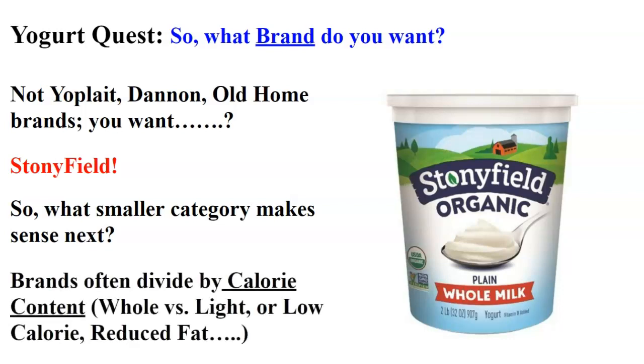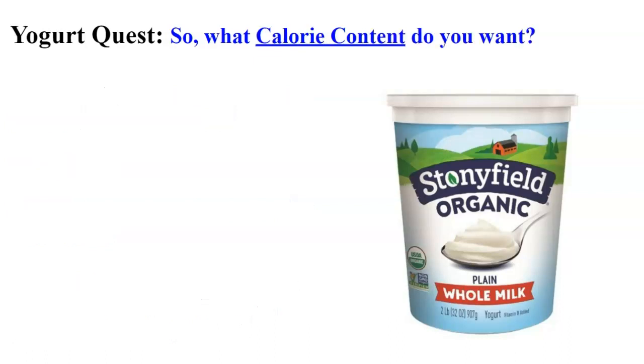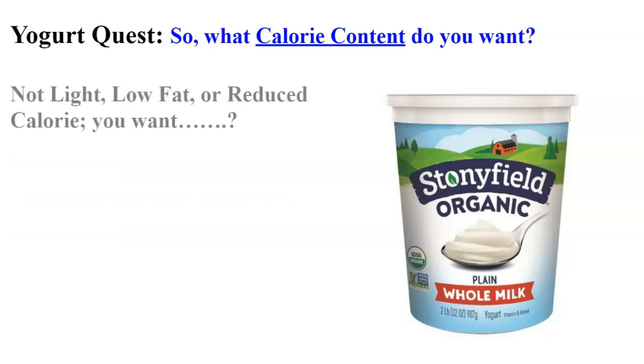So maybe you're looking at calorie content, whole versus light or low calorie, reduced fat. Those might be some categories we could use. So what calorie content do you want? Not light, not low fat, or reduced calorie. You want whole milk.